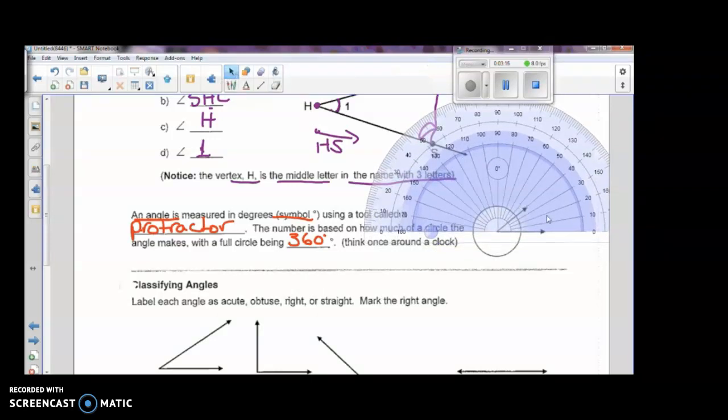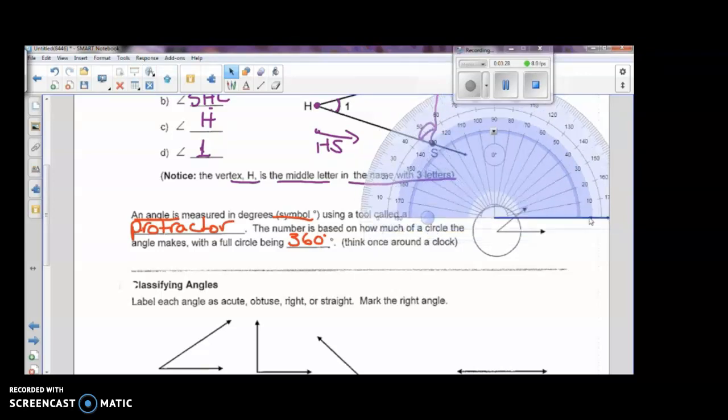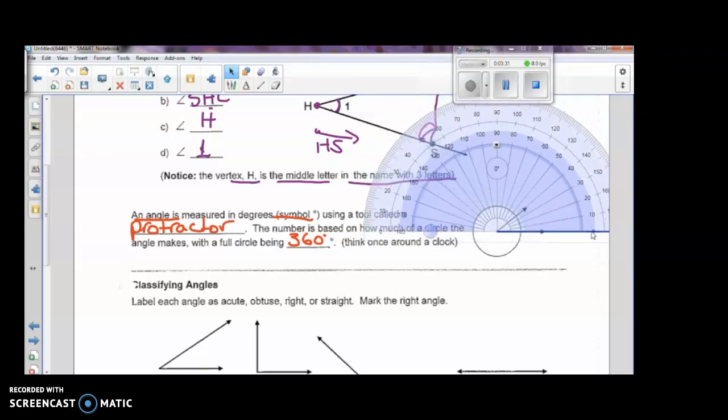Anyhow, when we are measuring an angle, we want to line up our protractor so that one of the rays is at 0, and then we put that little point right in the middle. Where our other ray lines up shows us how big the angle is.